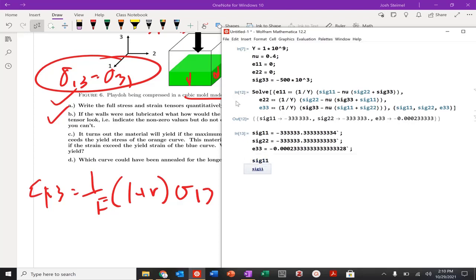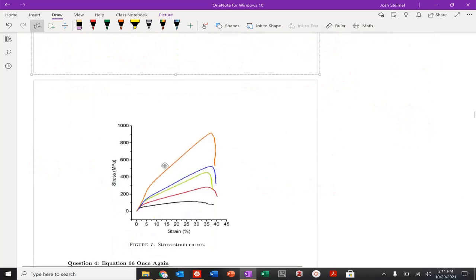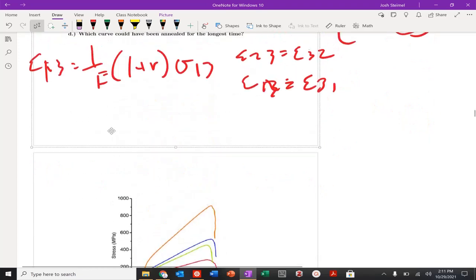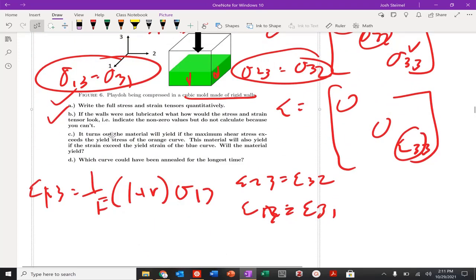Well, actually, let's look at these values. Is sigma 1,1 greater than sigma 3,3? True. So sigma 11 minus sigma 33 divided by 2. That is going to be about 83 kilopascals. Again, these are megapascals, so nope, no yielding.